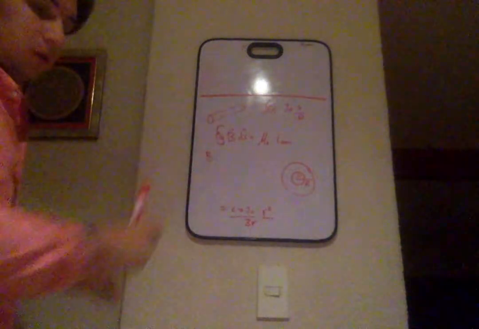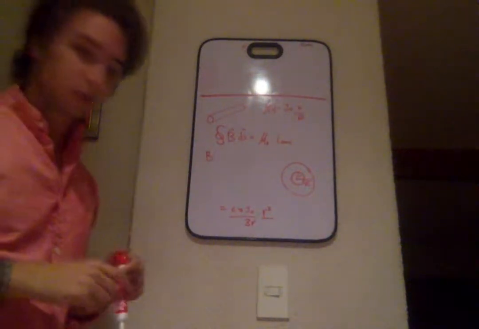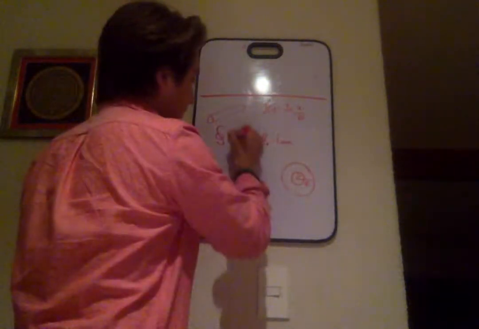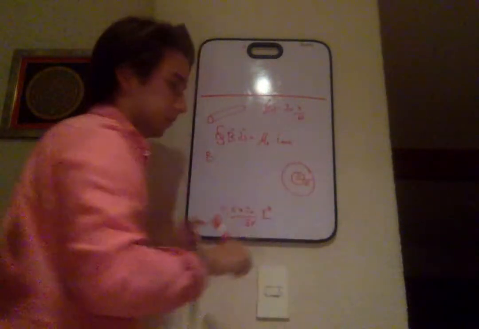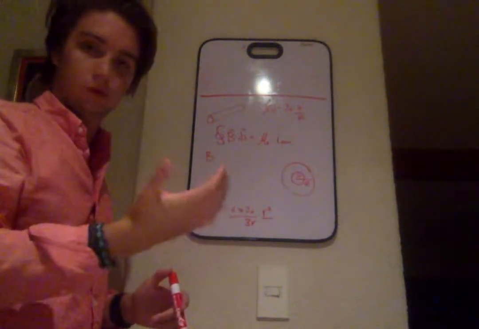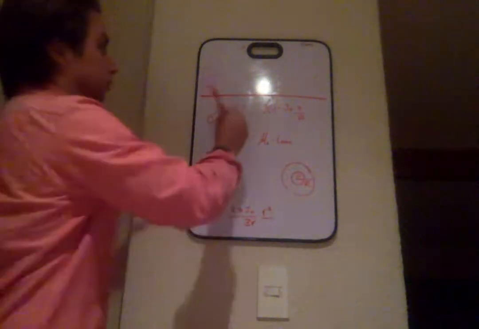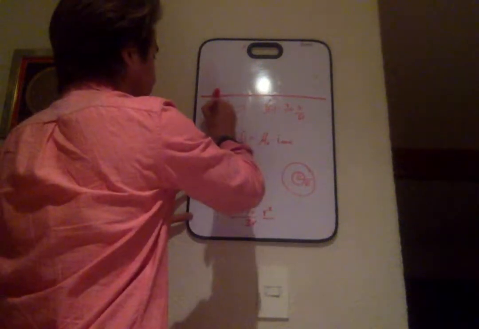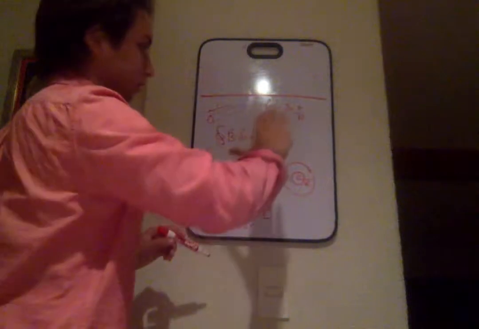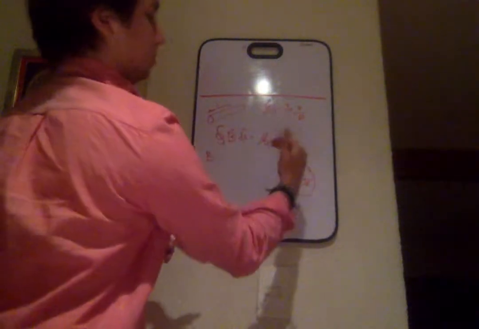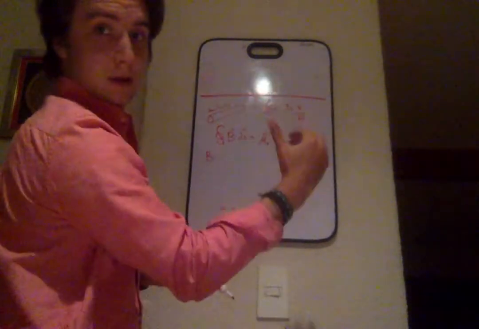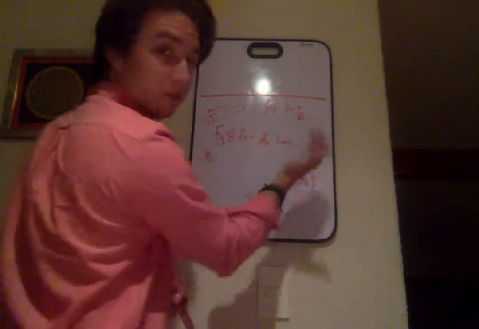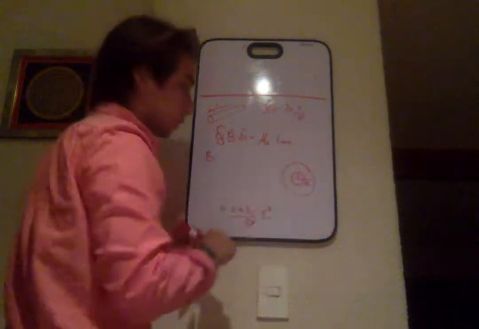with this part of the equation, we know that as B and dS are parallel because of the right hand rule, then we also knew that the current was flowing this way. So if the current is going this way, pointing towards you, then the magnetic field would be going that way.